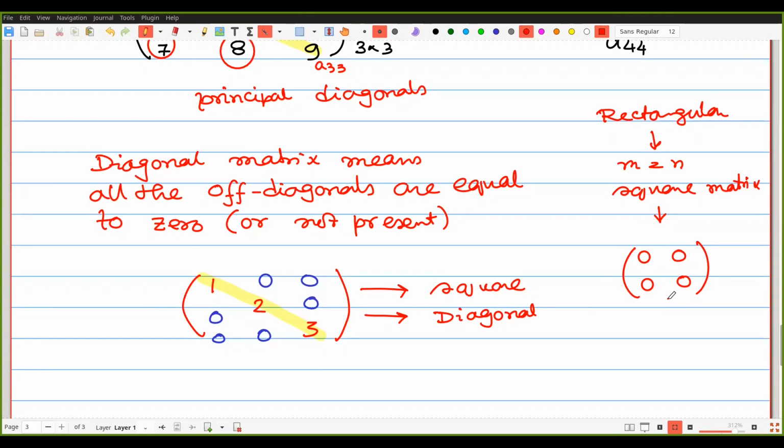So that must not be considered a diagonal matrix. That is a square matrix because we have 2 cross 2, but the diagonals are not equal to any value except 0. So that is not a diagonal matrix, that is a square matrix.